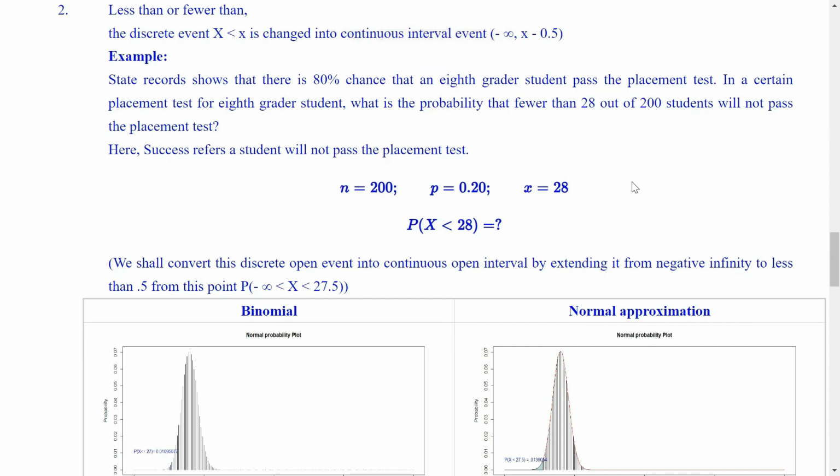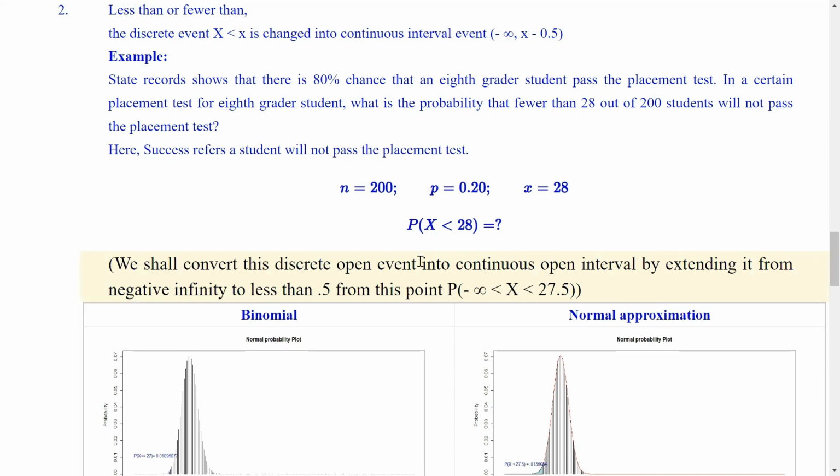Next, we shall discuss how the binomial discrete cumulative probabilities are approximated by the normal distribution.